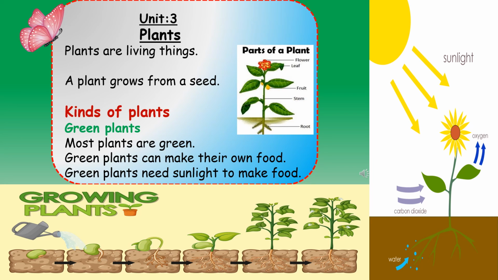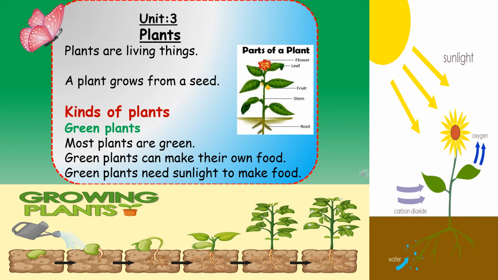They absorb nutrients from the soil. When you pour some water in the soil, from the soil they absorb water. They use the carbon dioxide we exhale from the air and they change it to oxygen and sugar, and that sugar is used as food for green plants.